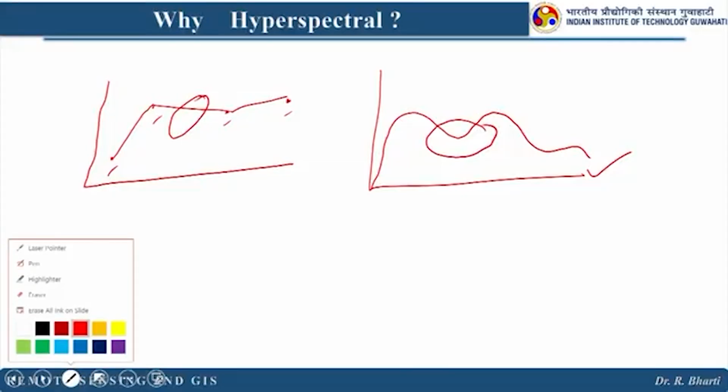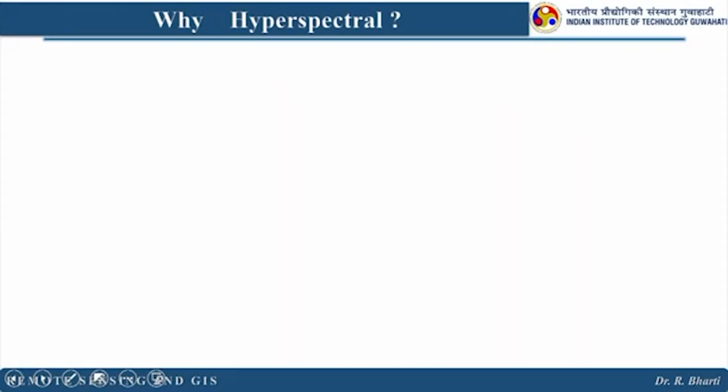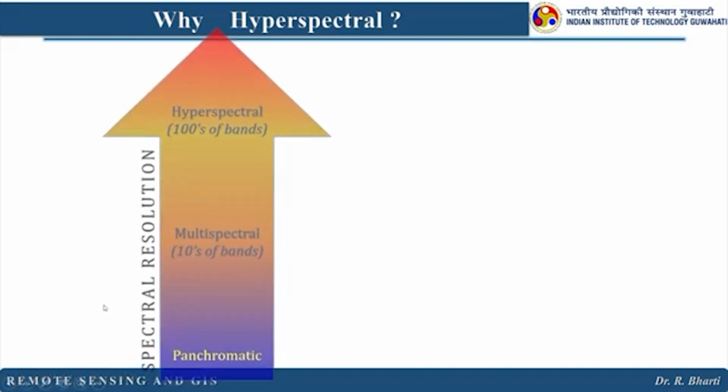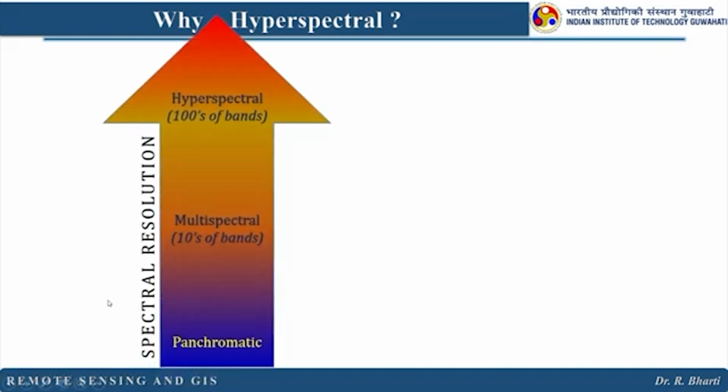So, let us see what advantage we have when we are using hyperspectral compared to multispectral and panchromatic. So, we started with panchromatic, then we move to multispectral, then we move to hyperspectral, and in panchromatic you have only one band, in multispectral you have tens of bands, but you have gaps in between and the bandwidth can be a little bit broad.